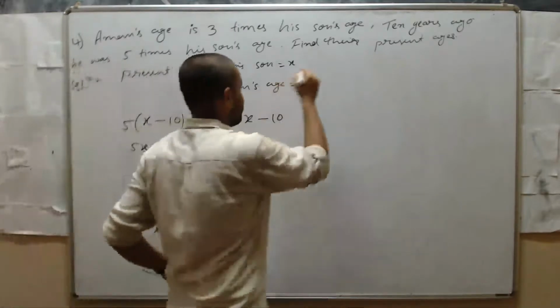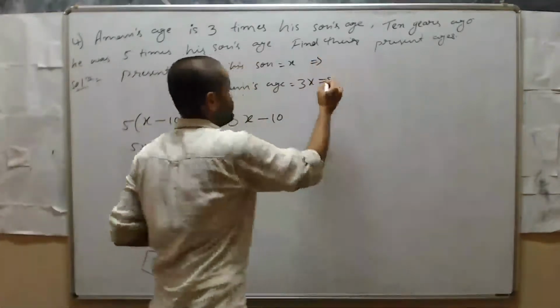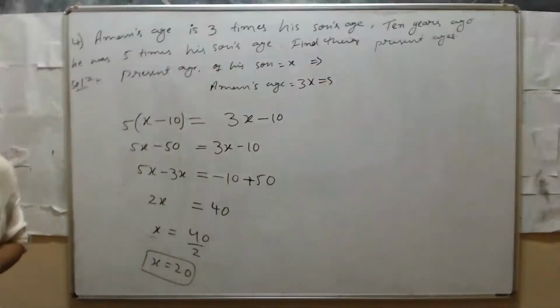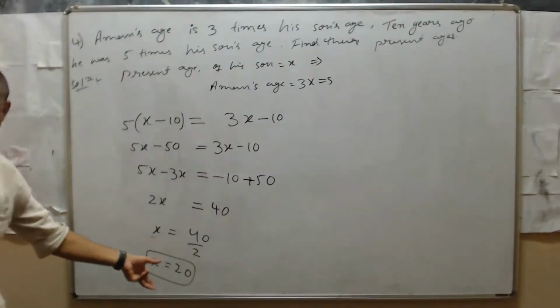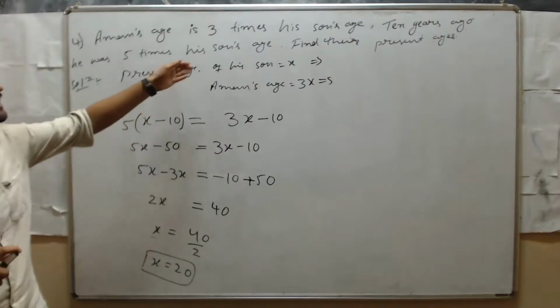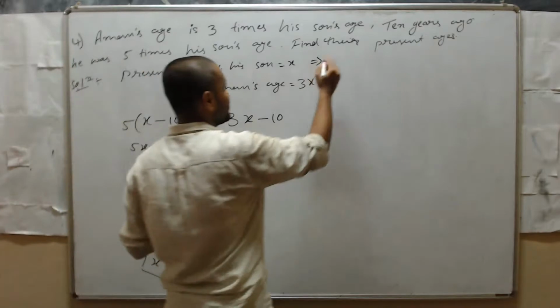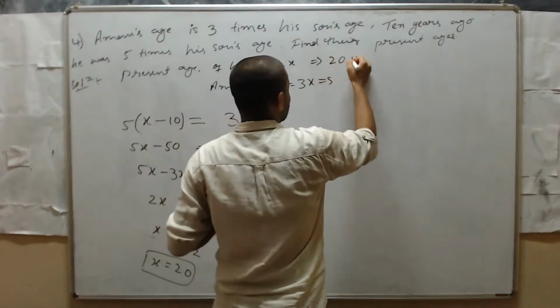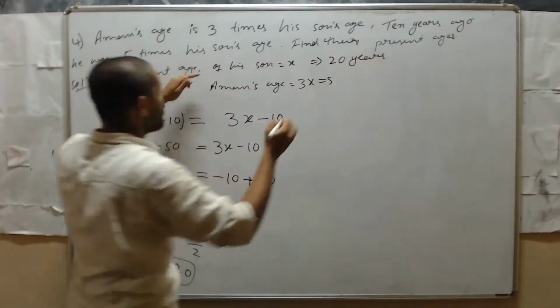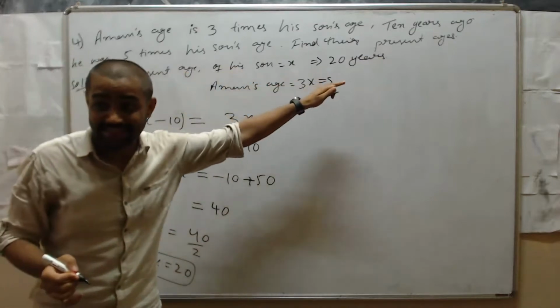Is it clear? Yeah, very good. Subhashini, Sharat Kumar, Prakash, x is equal to 20 is the answer. Lakshmi, Rajat, very good, students. What's the x we have? Aman's son's age will be 20 years.